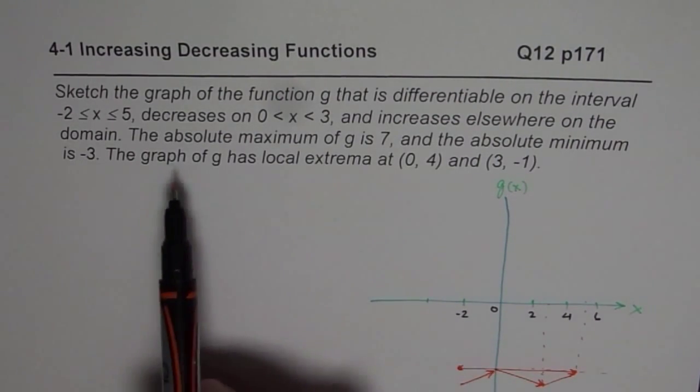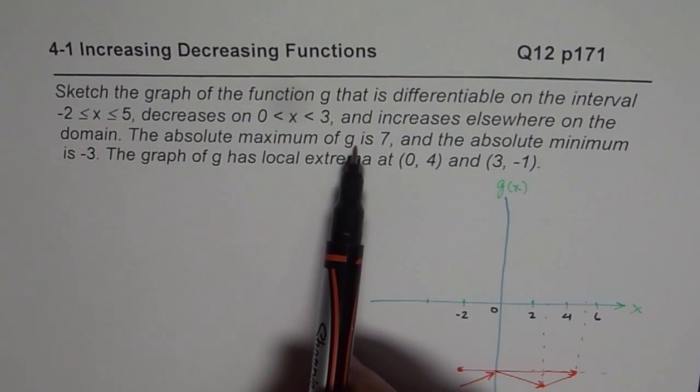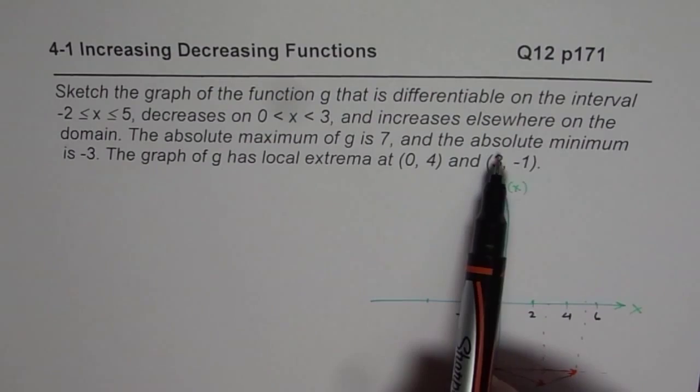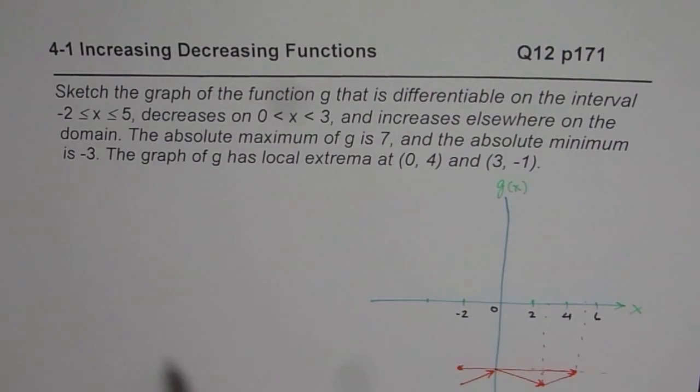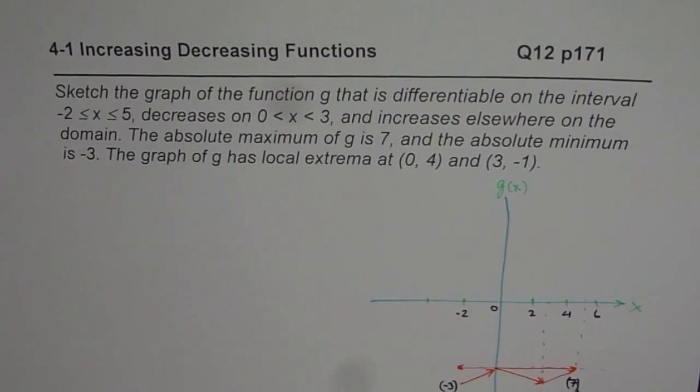Now it also says absolute maximum of g is 7 and absolute minimum is -3. So the minimum value is -3, and that should be the absolute minimum, and that value should be 7, the absolute maximum, which should be at the end point.